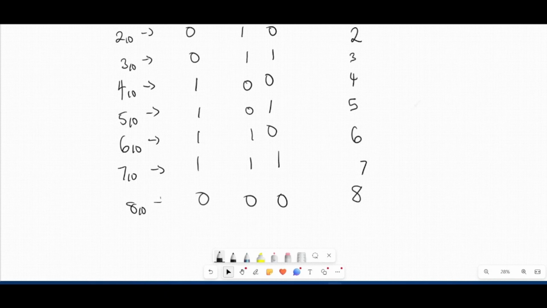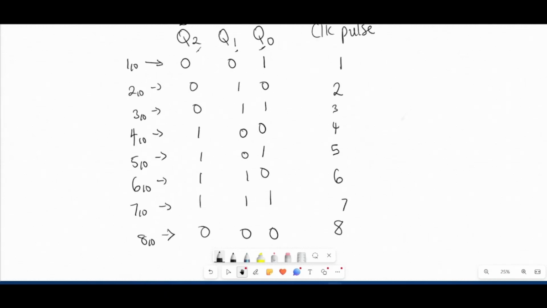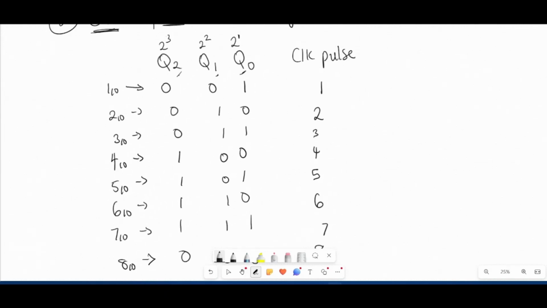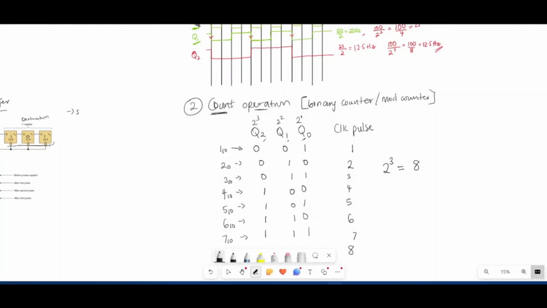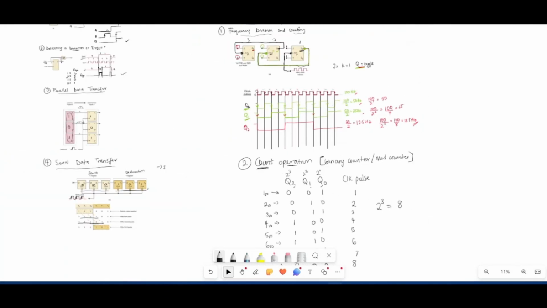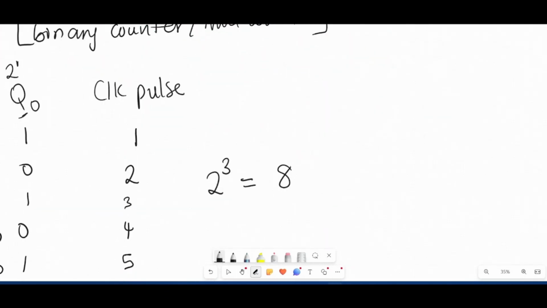Now let me explain why everything resets at the 8th clock pulse. This particular counter only has 3 flip-flops in it. That's 3 inputs. So 2 raised to power 3 is 8. So this is a mod 8 counter.